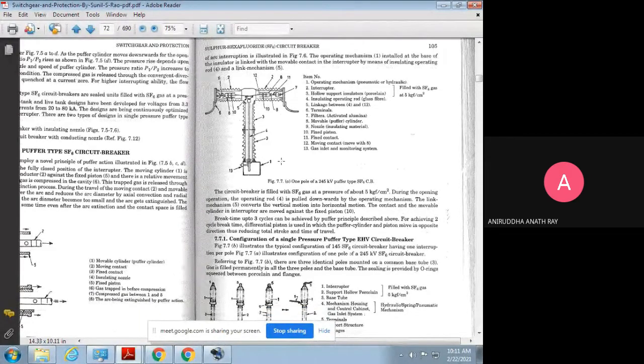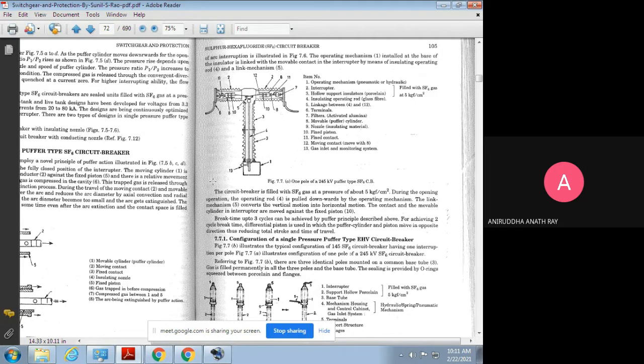The circuit breaker is filled with SF6 gas at a pressure of 5 kg per centimeter square. During the opening operation, when the contacts of the circuit breaker have to be opened, the operating rod, component number four, is pulled downwards by the operating mechanism.